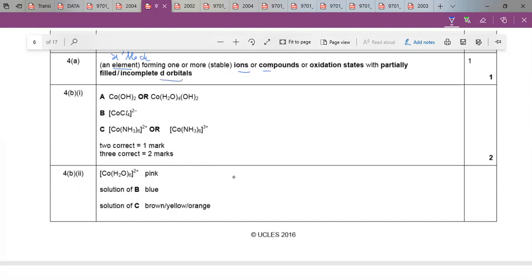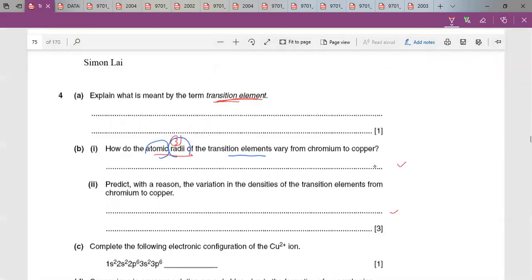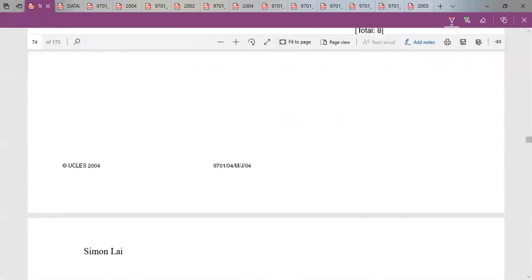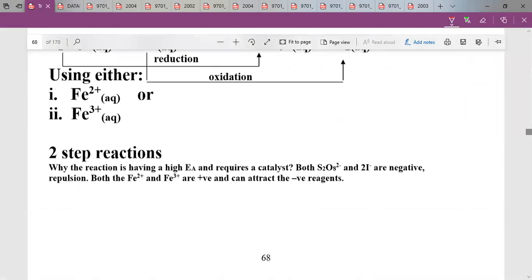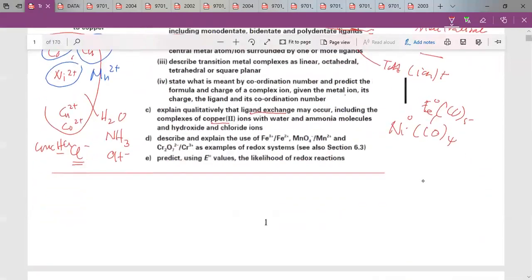So the 2 important points you must say are: it must have a stable ion, and the ions must have partially or incompletely filled D orbitals. All right, so this is for the definition. Now let's go back to there.